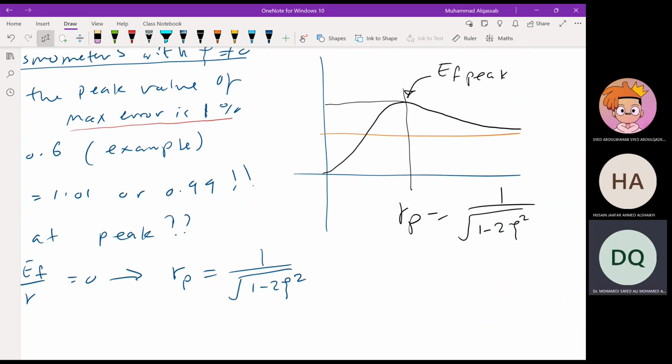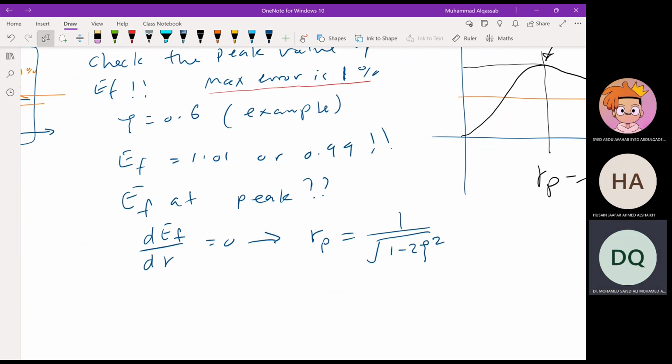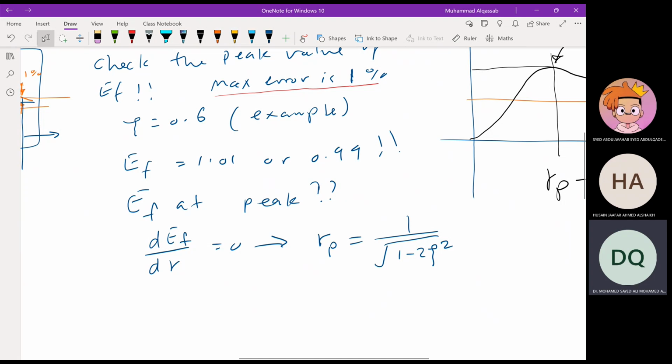We need to check if the peak is greater than or equal to 1.01, because if the error is 1%, and here is an example of zeta equal to 0.6, the error factor will be either 1.01, because the error is the deviation from 1, so it is either 1.01 or 0.99.